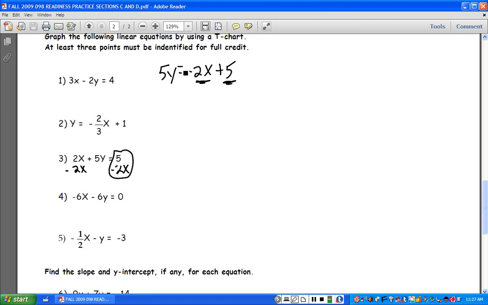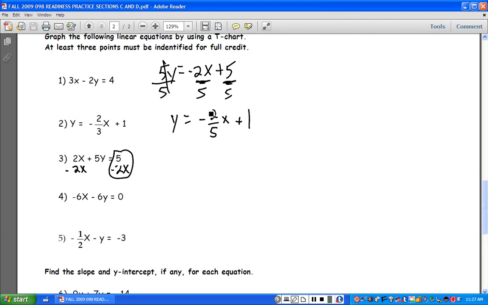So now I'm going to divide everything by 5. Divide by 5, divide by 5, divide by 5. So now I have y equals negative 2 over 5x plus 1, because 5 over 5 cancels and just becomes 1.